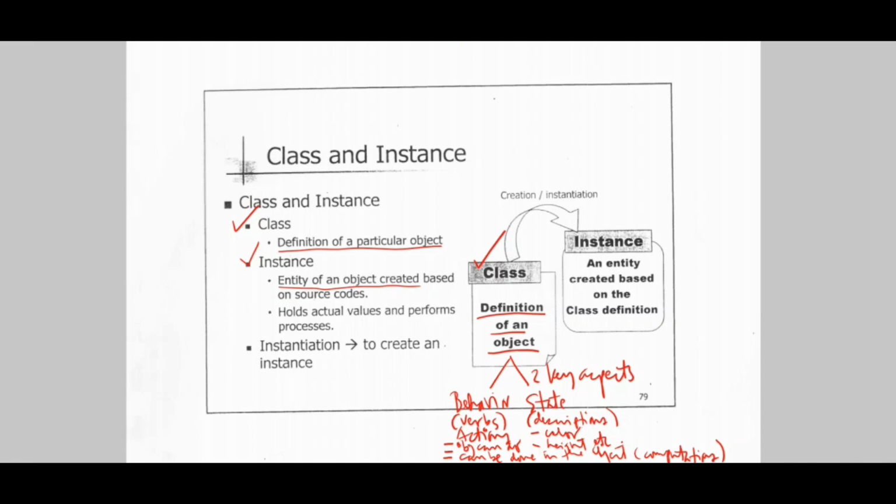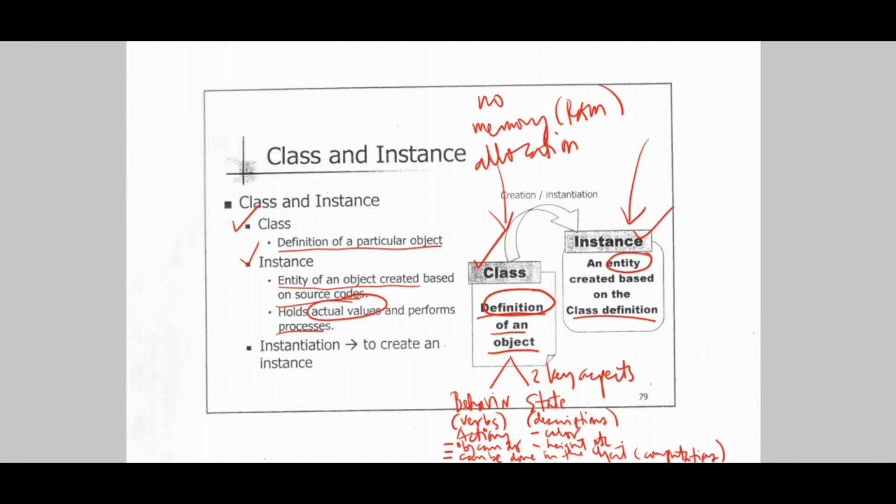So a class is a definition of an object, while an instance is the actual entity of the object created based on source code. It holds actual values and performs processes. So an instance of a class is an actual entity created based on the class definition. Now, since a class is just a definition, it has no memory or RAM allocation because it is not an actual entity, while an instance is an actual entity.